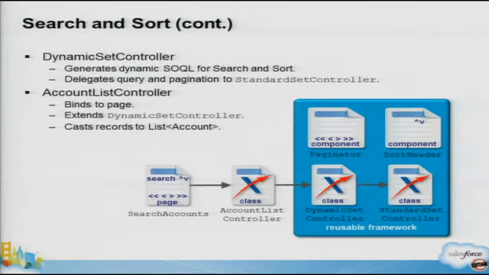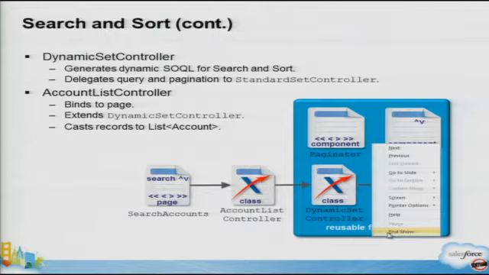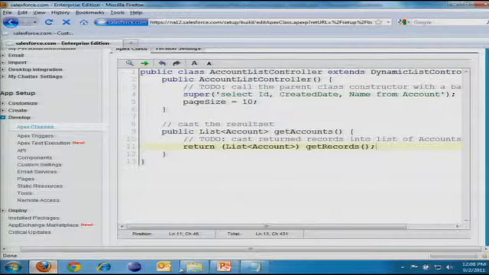It's going to query and pass SObjects back to the class that is extending the base class. So here, I'm calling a method called getRecords, and it's casting the list of SObjects that it's getting back from my base class into a list of accounts.